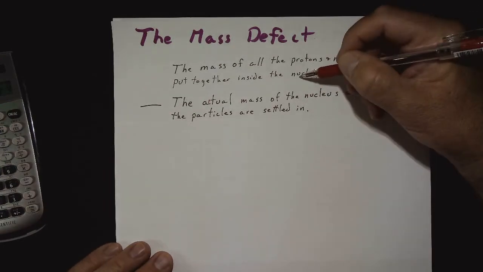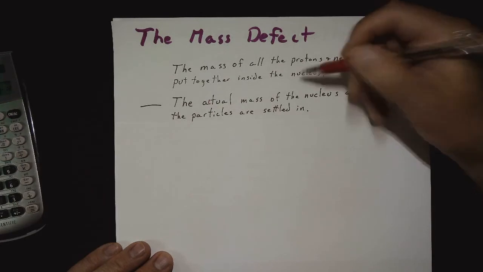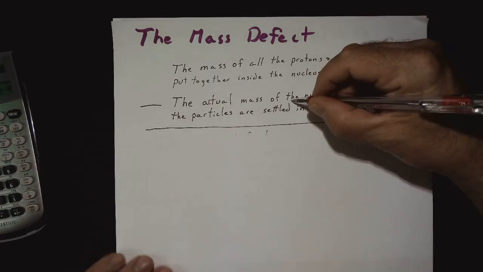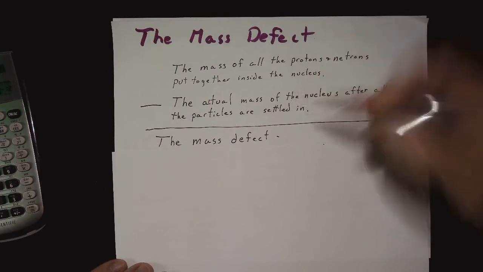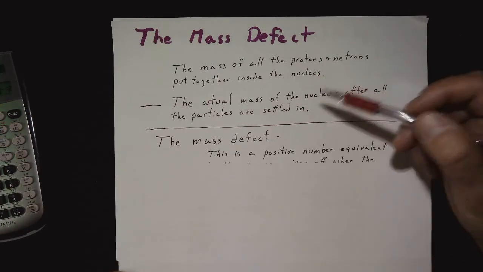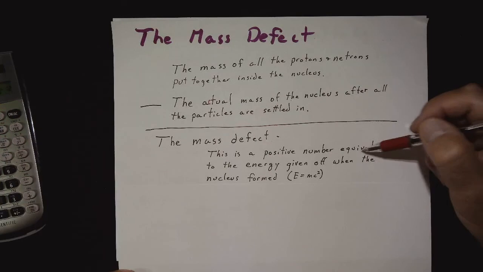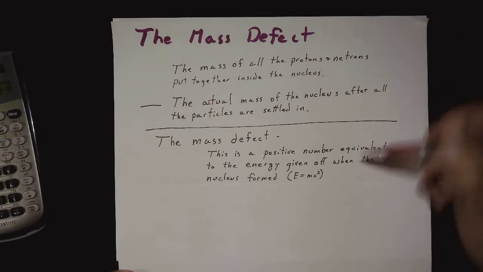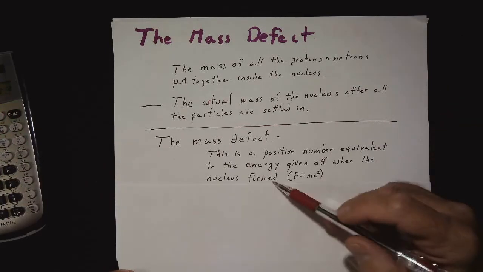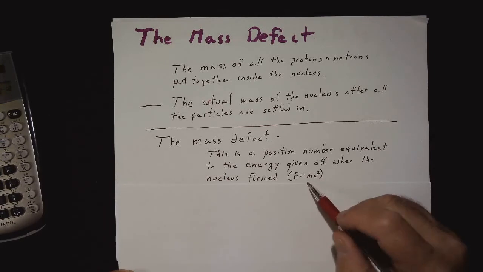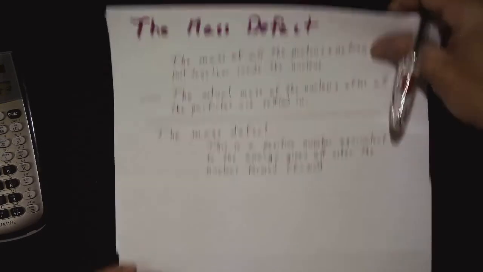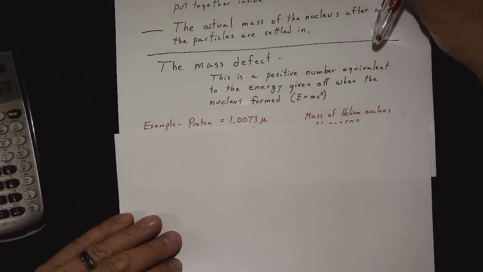When you weigh all the parts you took to put it together, and then you weigh the completed structure, you are missing some mass. And this is called the mass defect. So it's a positive number equivalent to the energy given off when the nucleus formed, based on the idea of E equals mc squared.